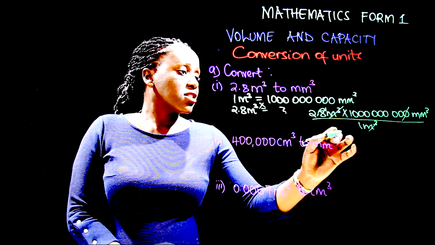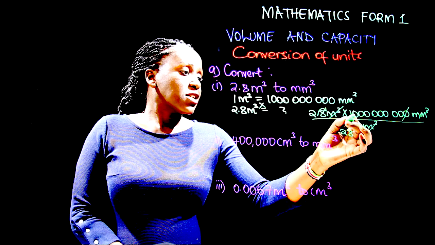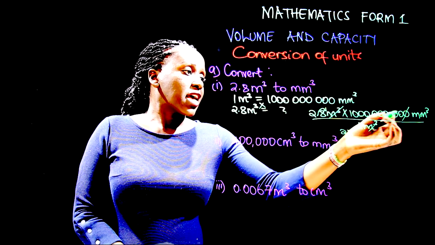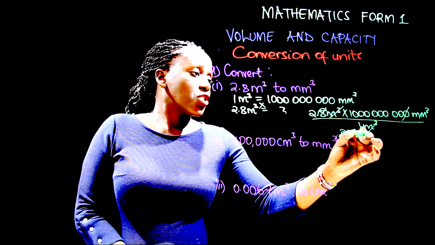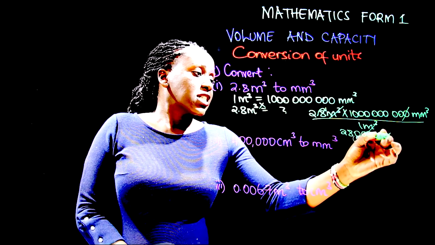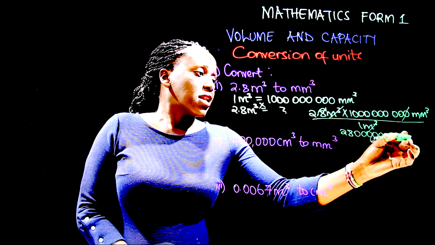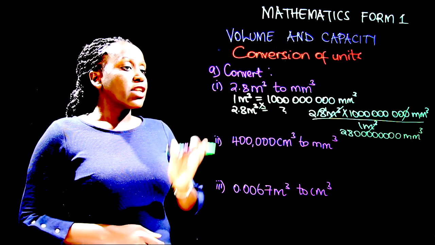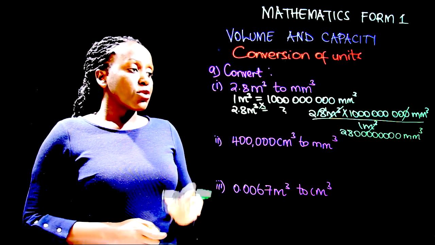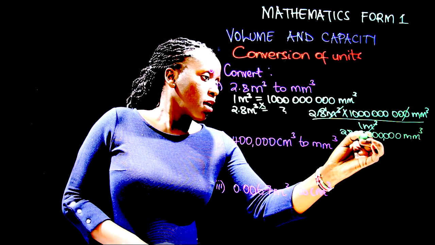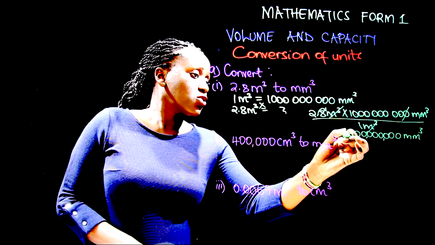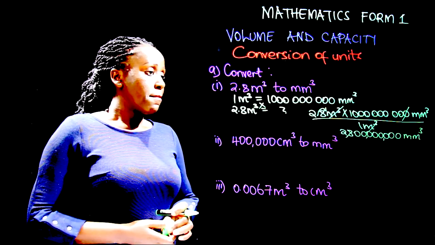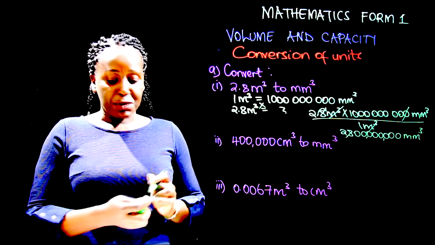So we will have 28, and then how many zeros? 1, 2, 3, 4, 5, 6, 7, 8 millimeters cubed. So that becomes our answer, and 2.8 meters cubed is equivalent to 2 billion 800 million millimeters cubed.